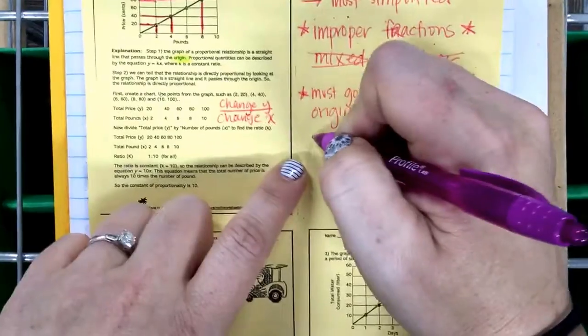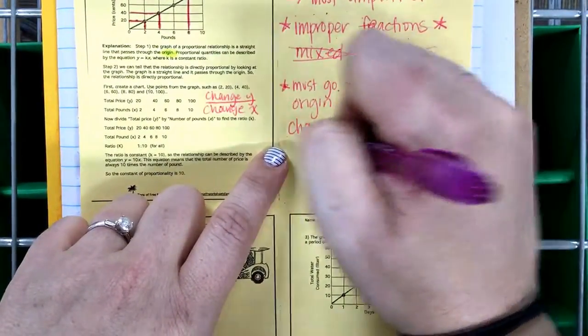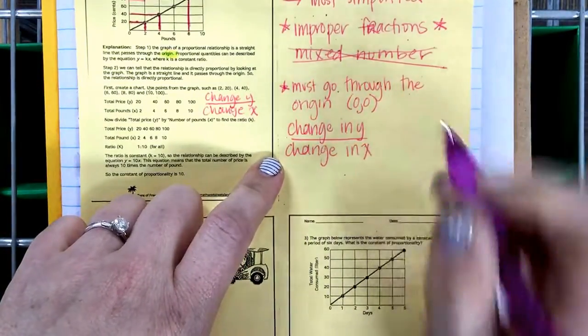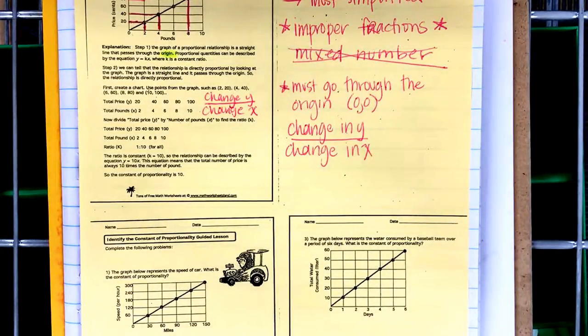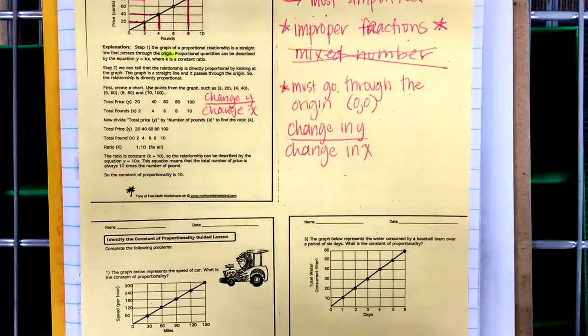I guess I can write that over here. Give myself a little bit more room. Change in y over the change in x. So we're going to find all of the change in y's and all of the change in x's.